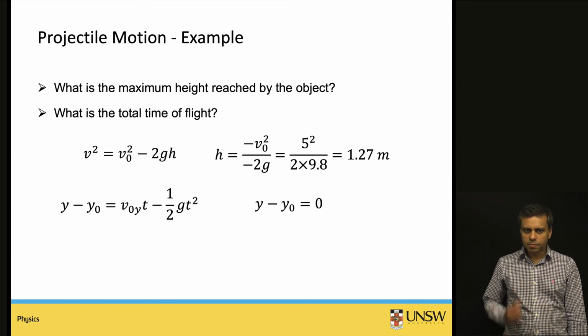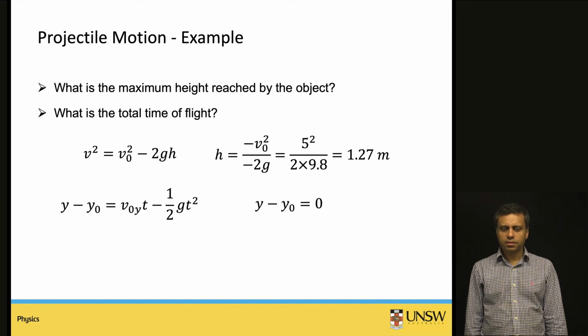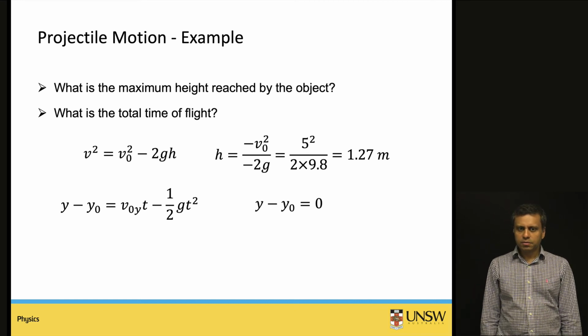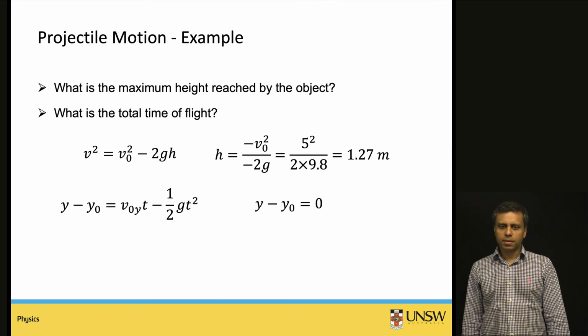And then for the next part of the question, which asks us about the total time of flight, we have to use this second equation, y minus y naught equals v naught y t minus half g t squared. And we can find the time of flight when the distance traveled in the vertical direction is actually 0. There are two instances when that happens.